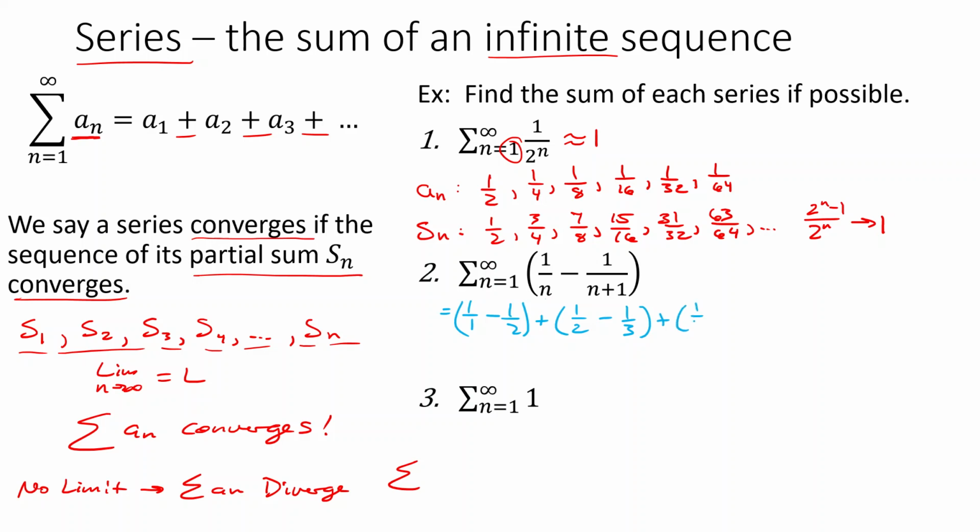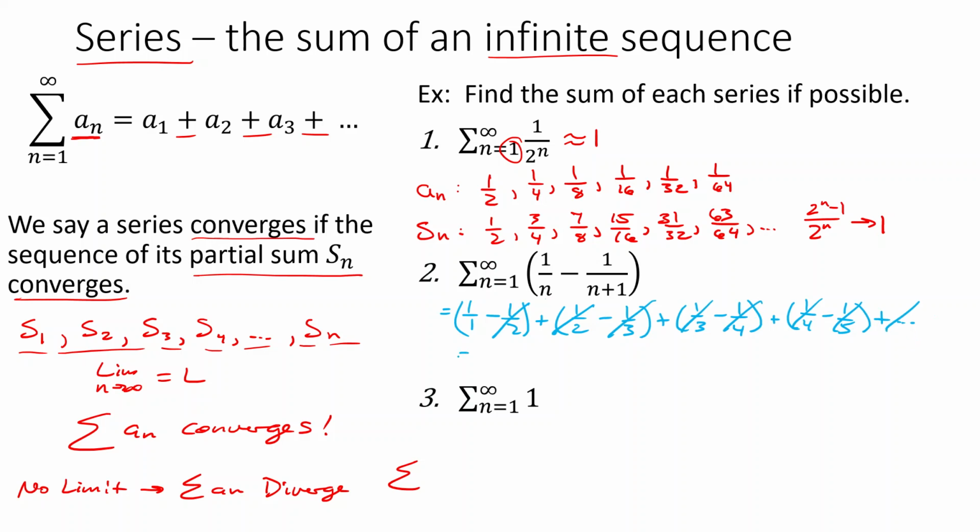And if I plug in my next term, I get 1 over 3 minus 1 over 4. And the next one's going to be 1 over 4 minus 1 over 5, and so on. So if we just drop the parentheses, these are going to cancel out. These two are going to cancel out. These two are going to cancel out. This negative 1/5 is going to cancel out with the next term over here.